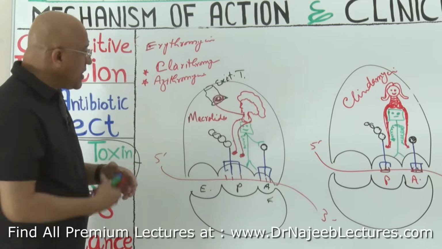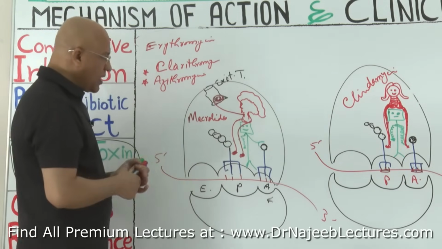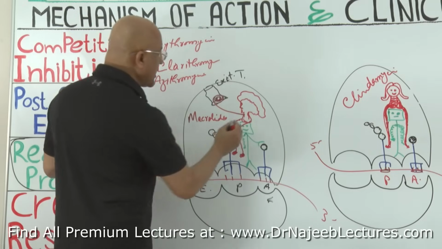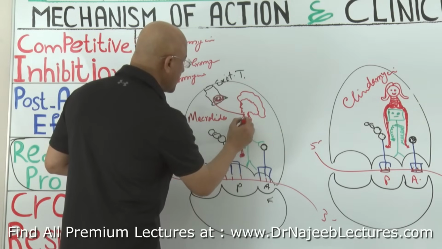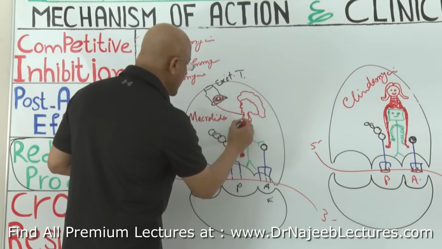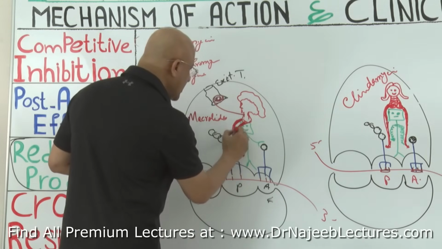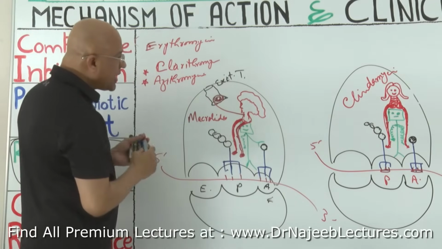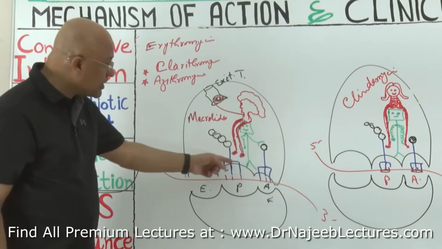No, right? And what was the name of this drug? Macrolides, right? And these macrolides also attach to the 23S subunit like that, but they are mainly acting on the P site. They are mainly interfering with the P site.